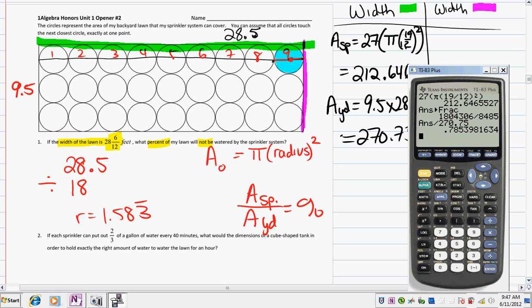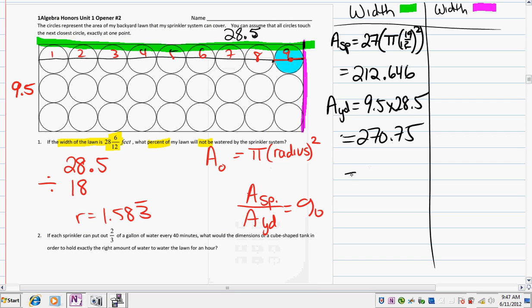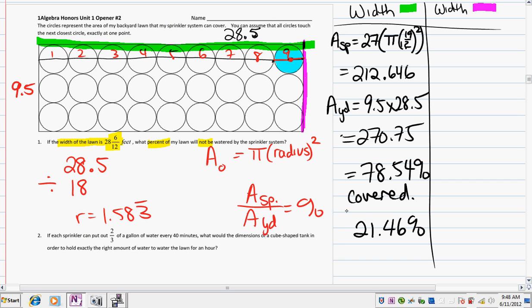So it's 70.785398, which is 78.54% covered. And so the percent not covered is 100% minus that, which would give me 21.46% not covered.